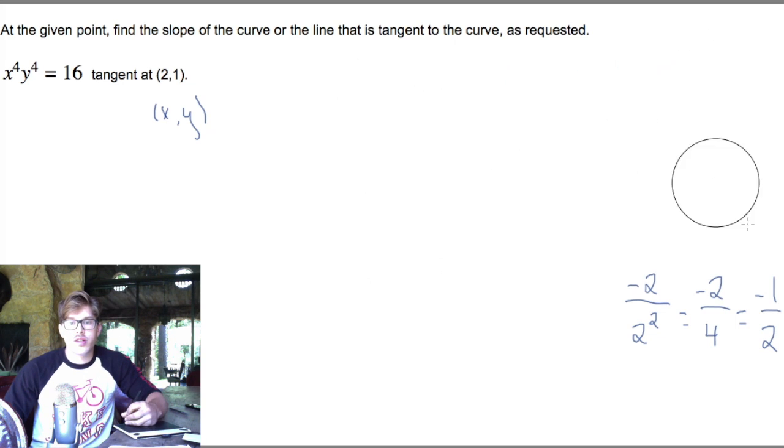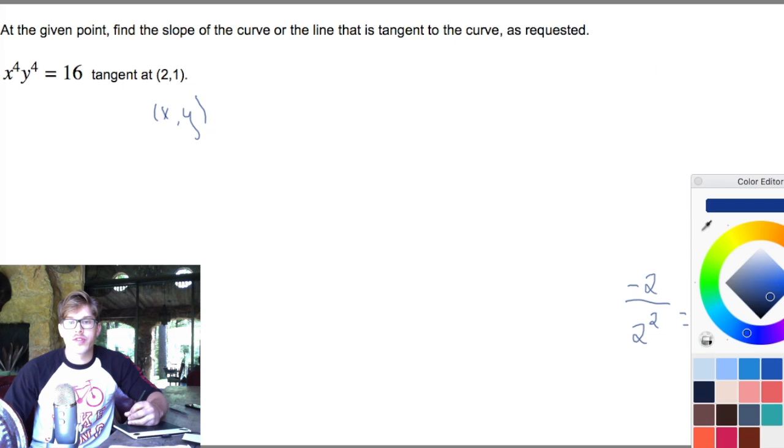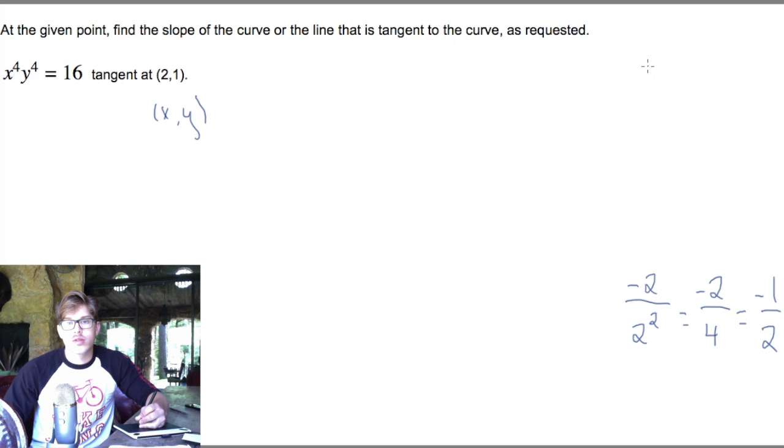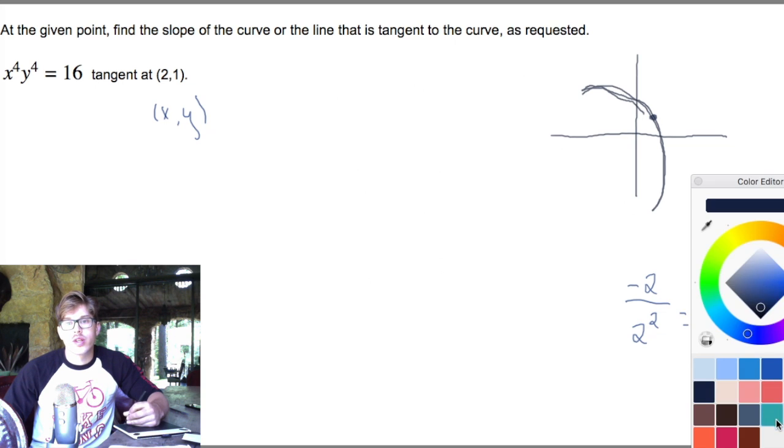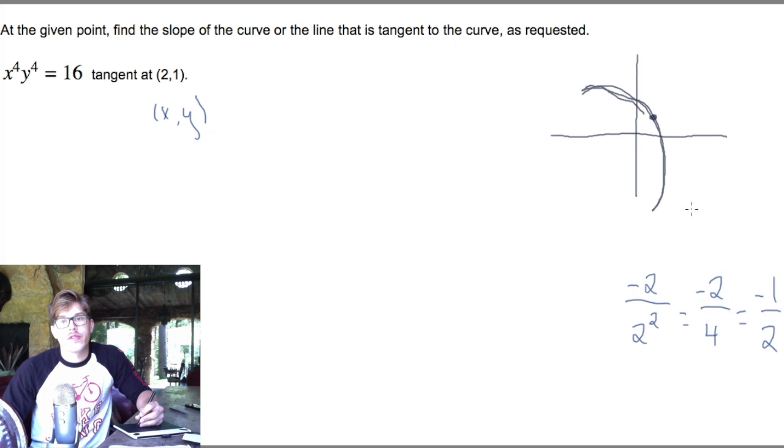So let me illustrate this a little bit. So we have some function, and it probably curves somehow. And then at 2, 1, so we go over 2 up 1, let's just say it's here. So we need to find our tangent.